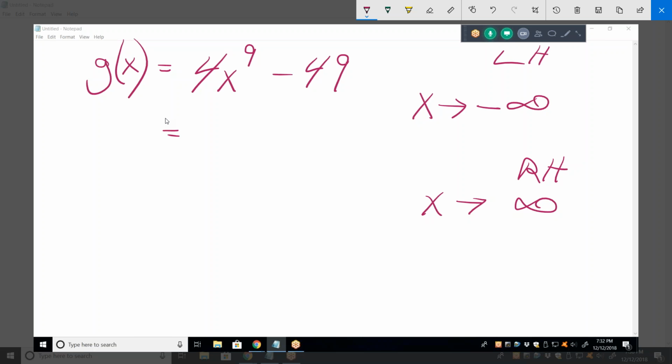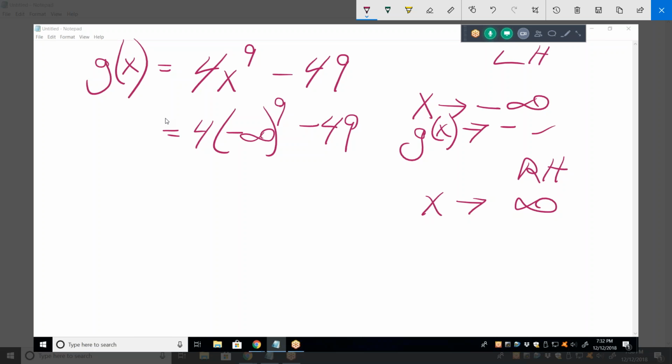Just plug it in. What is negative infinity to the 9th power? Negative infinity. That's the left-hand end behavior. In other words, as x goes to negative infinity, g of x goes also to negative infinity.